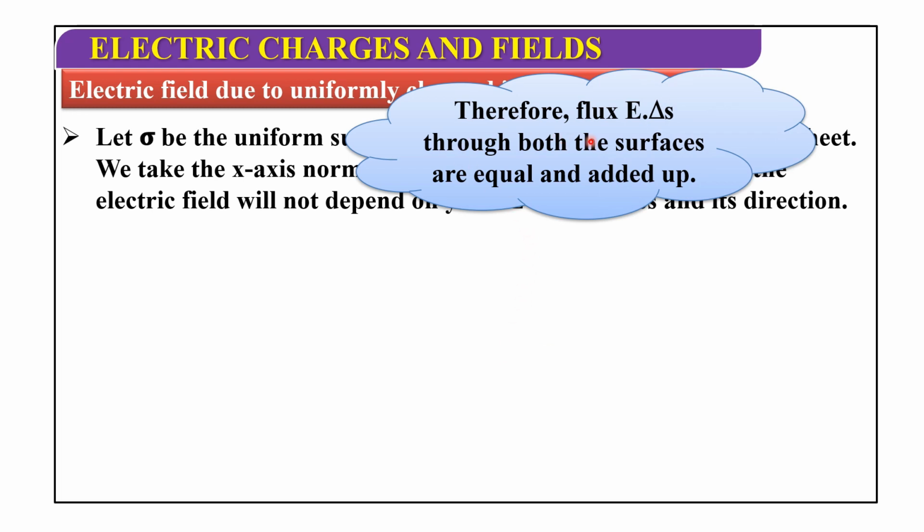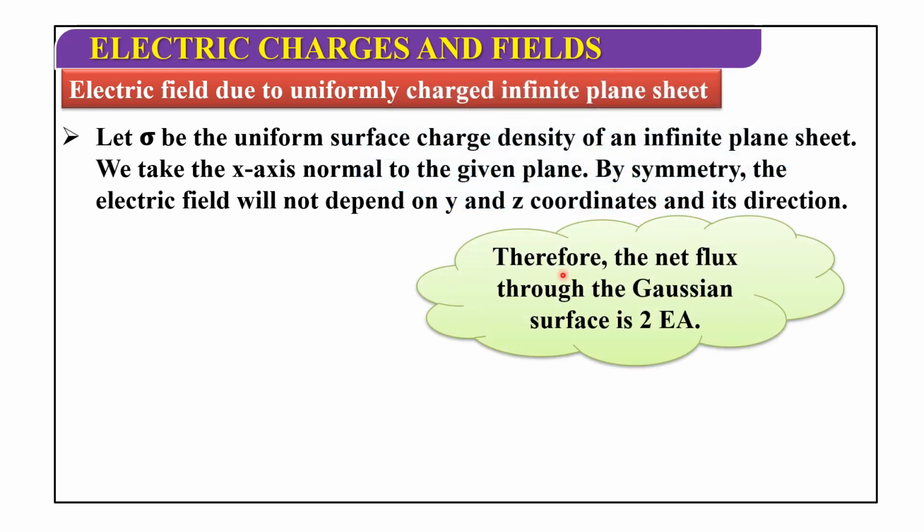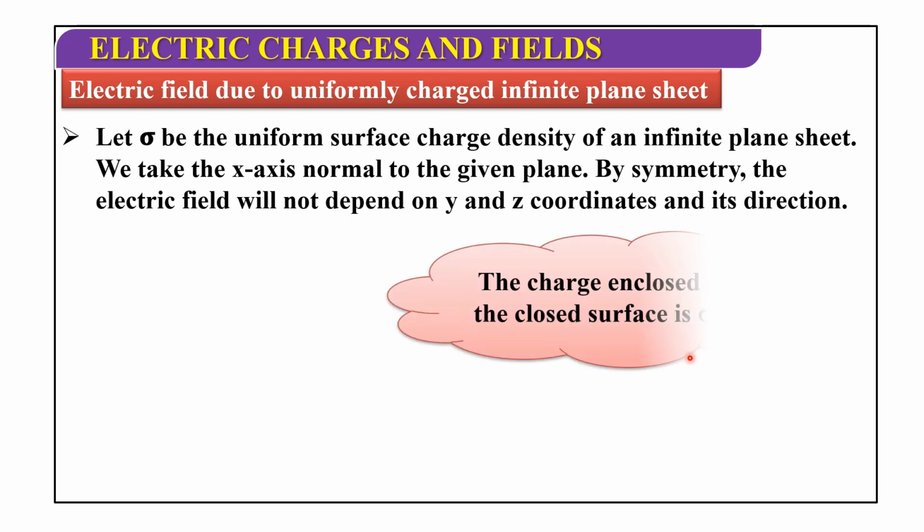Therefore, the flux E dot delta S through both surfaces are equal and add up. So the net flux through the Gaussian surface is 2EA. The charge enclosed by the closed surface is sigma A.